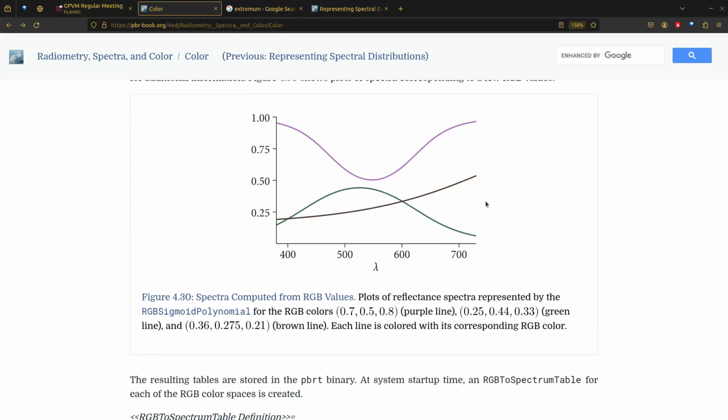0.7, 0.5, 0.8 is the purple line, representing a purple color. So that's kind of what a spectral distribution for that color would look like. 0.25, 0.44, 0.33 is green, the curve for that, and then one for the brown line at 0.36, 0.275, 0.21.